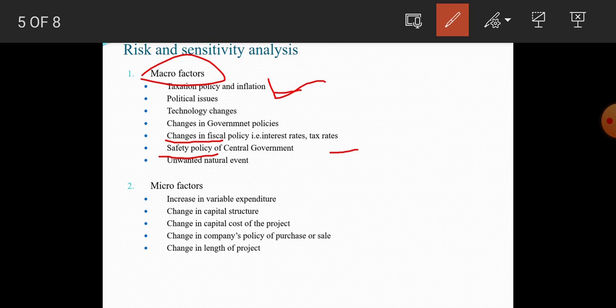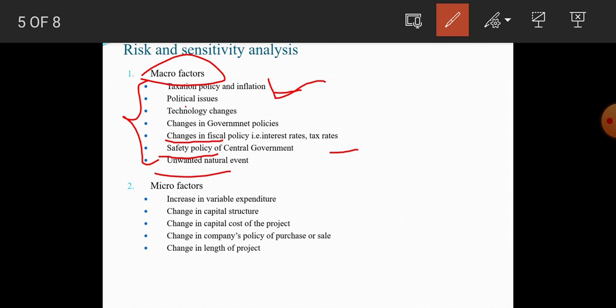Then unwanted natural event. So unwanted natural event can be considered as COVID-19, due to which there was very less business due to lockdown and all. So these all are the major factors which can harm whichever project you choose.